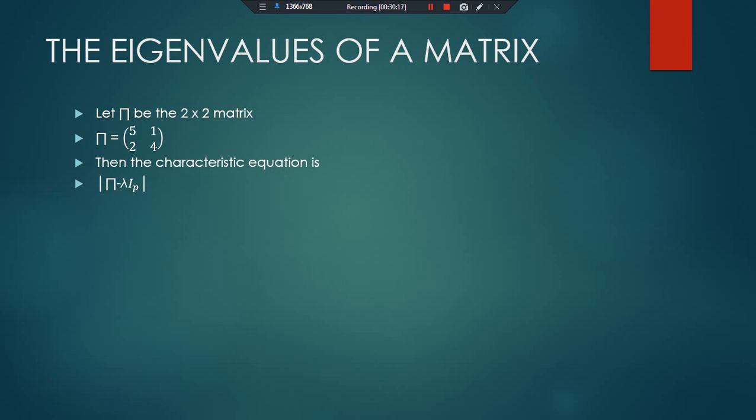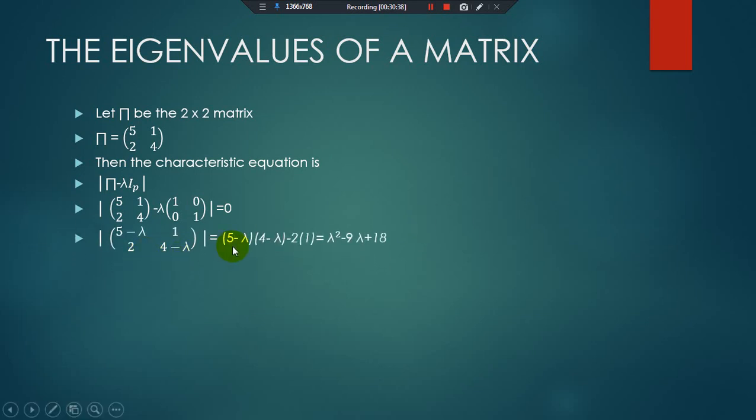Here we have a mod on both sides, which means we are considering the positive value. So we have 5 1 2 4 minus lambda times the identity matrix, equal to 0.